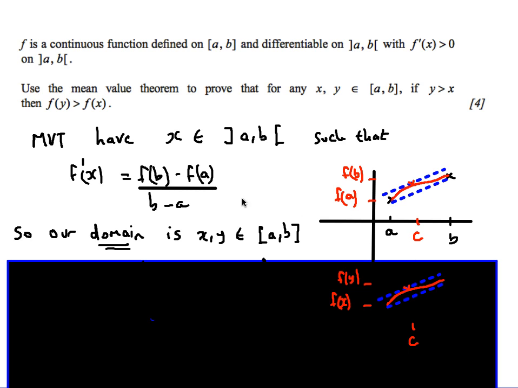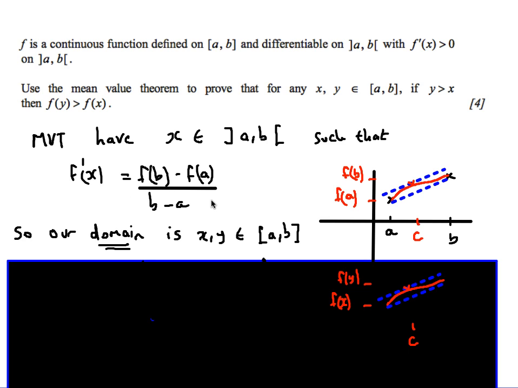It's basically saying that if we've got a point A and a point B, and we work out the gradient between those 2 points, then there will be another point on this function in red between these 2 points that will also have the same gradient. So if we work out the gradient between A and B, there will be another point C that also shares that gradient.